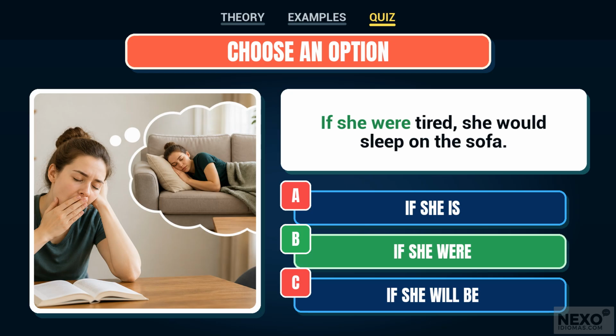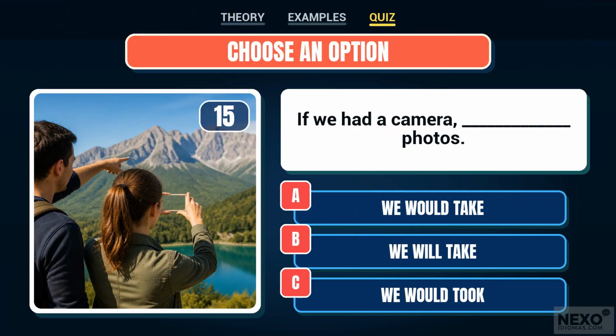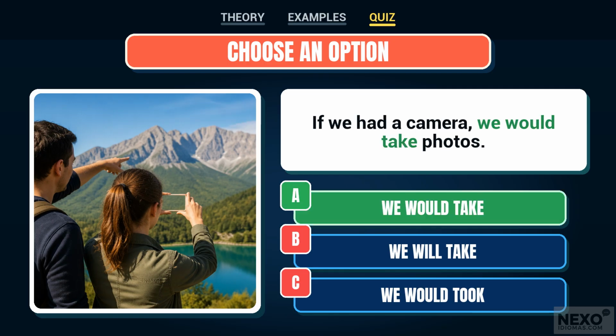If she were tired, she would sleep on the sofa. If we had a camera, we would take photos.